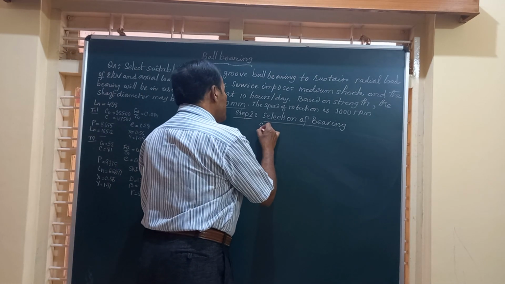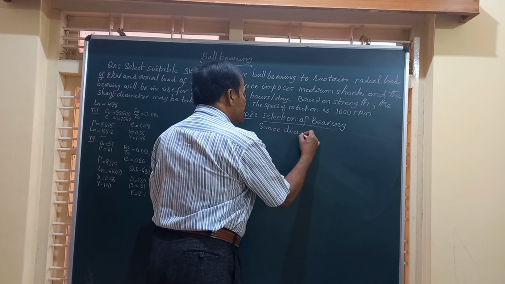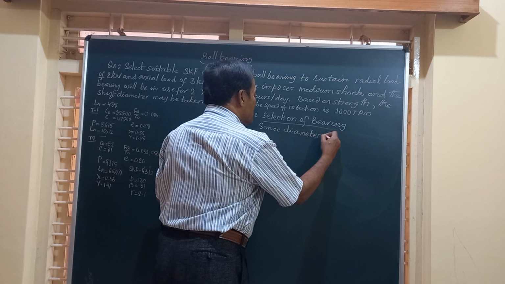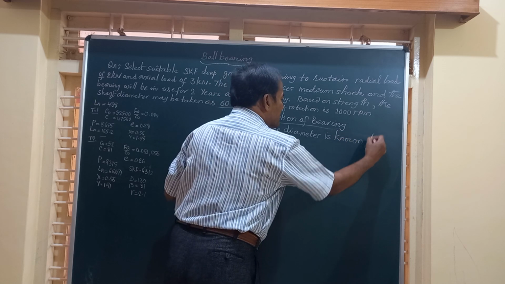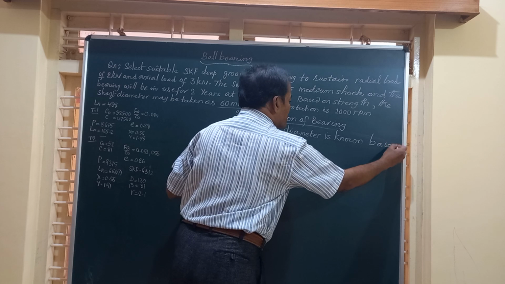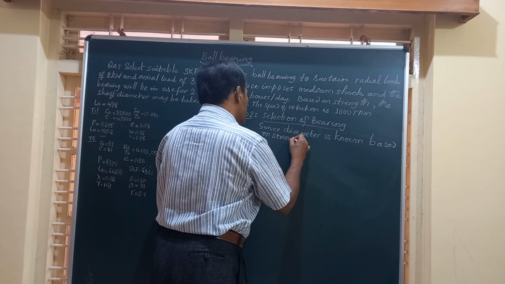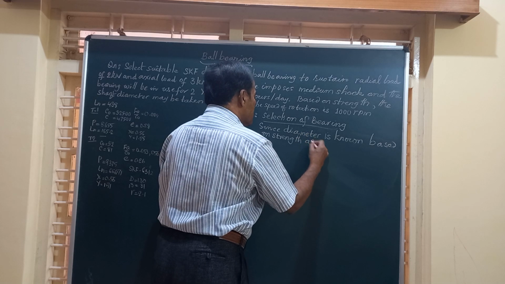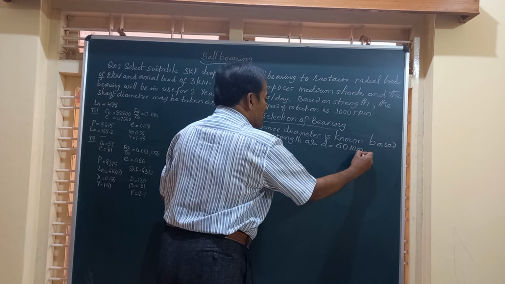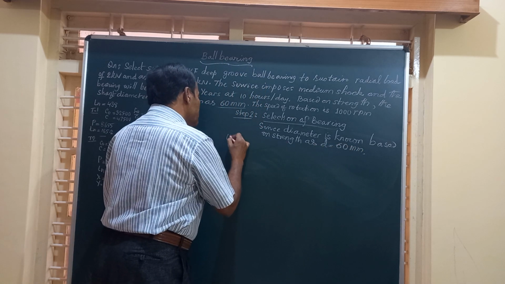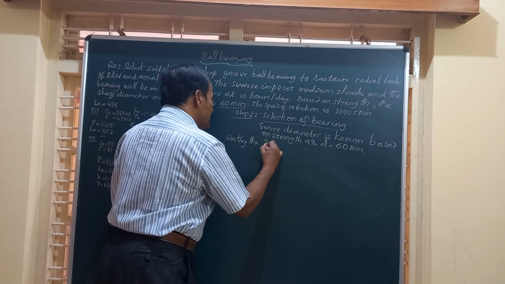So since diameter is known based on strength, as d equal to 60 mm, we try the following bearings.